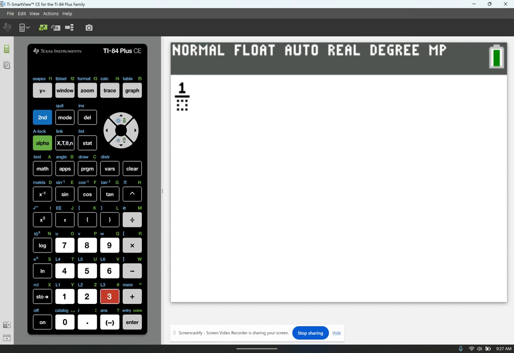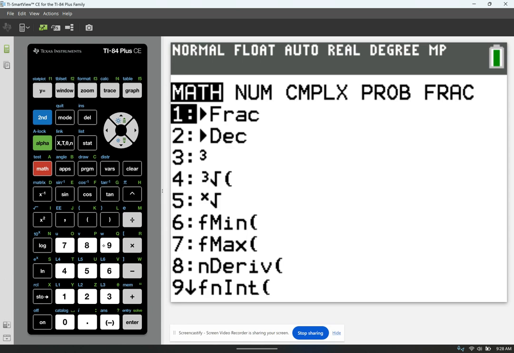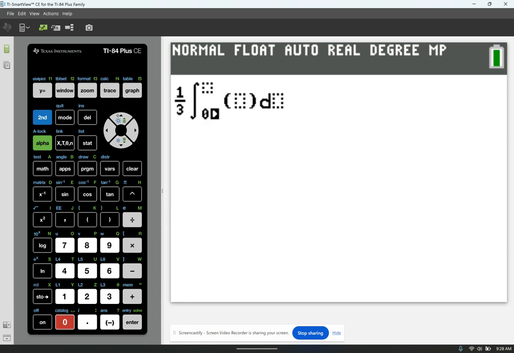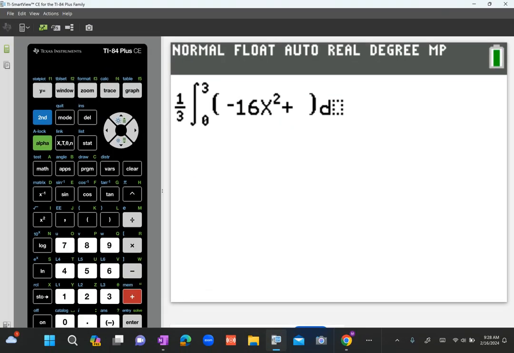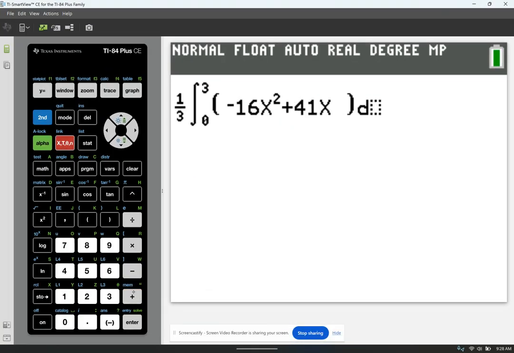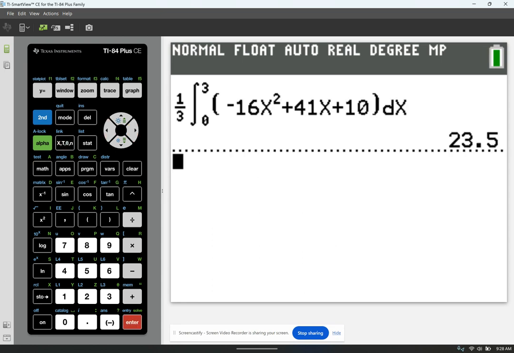We'll say that's 1/3 times the integral, which is math 9, from 0 to 3 of, now here, I think it was negative 16t squared plus 41t plus 10. Yeah, that's what it was. dx. And I got 23.5.